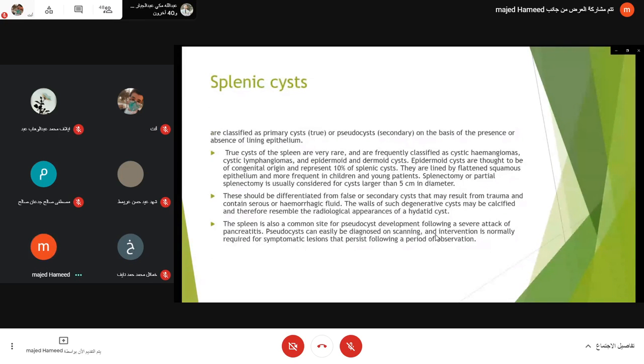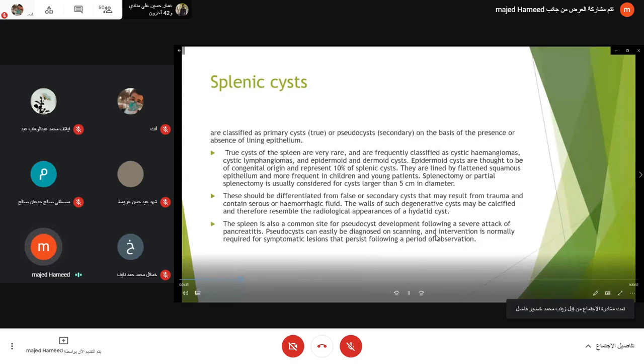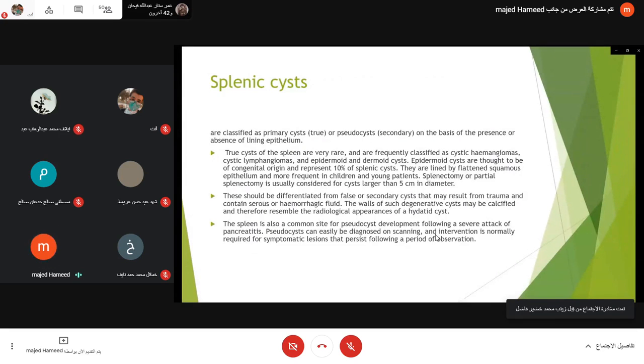Splenic cysts are classified as primary cysts, which are true cysts, or pseudocysts, secondary cysts, based on presence or absence of lining epithelium. True cysts of the spleen are very rare and frequently classified as cystic hemangioma, cystic lymphangiomas, epidermoid, and dermoid cysts.